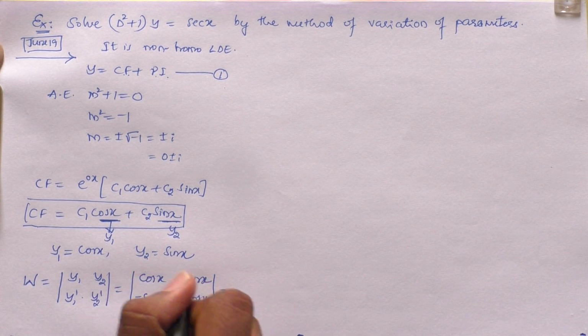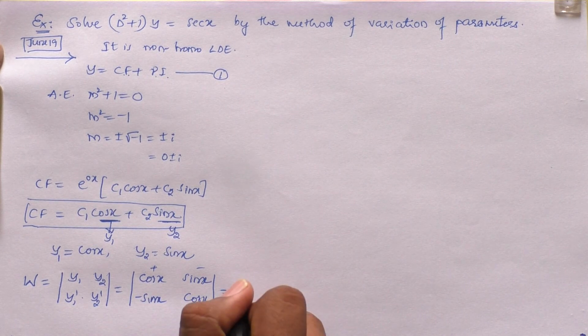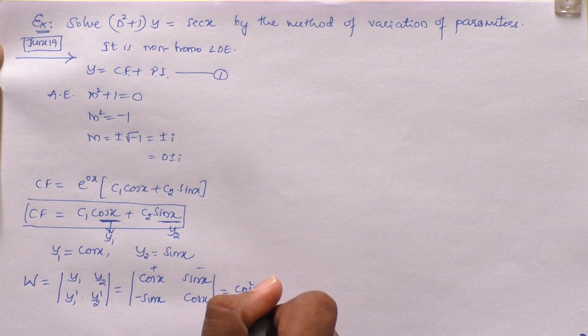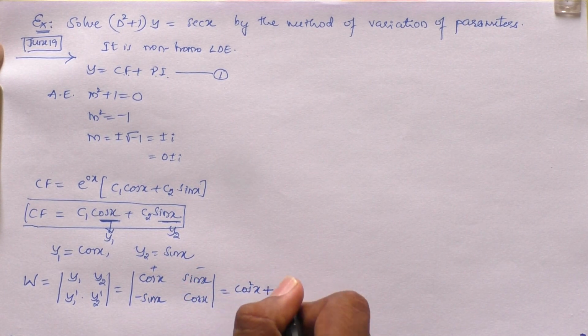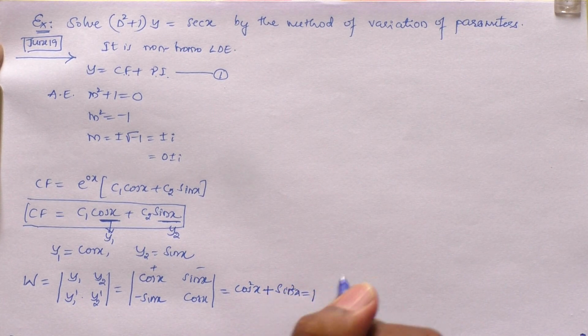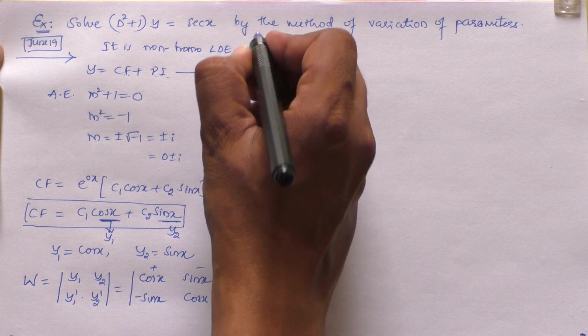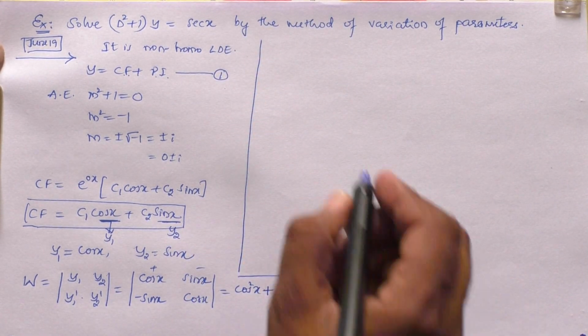Multiplying the principal diagonal elements, cos x into cos x gives cos square x, minus sin x into minus sin x, which gives plus sin square x. Cos square plus sin square is 1, so the W value is 1. Now let us find PI.